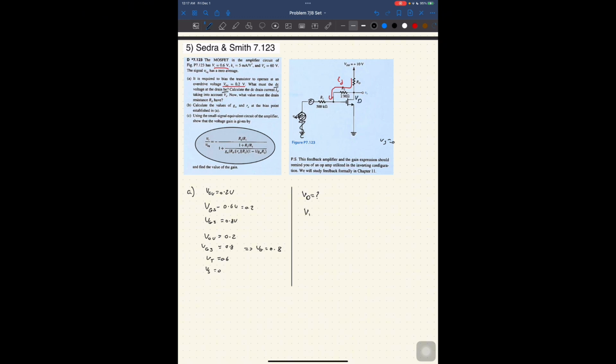I will say VD minus VG over R2 is equal to what? VD minus VD over R2. Let's see.